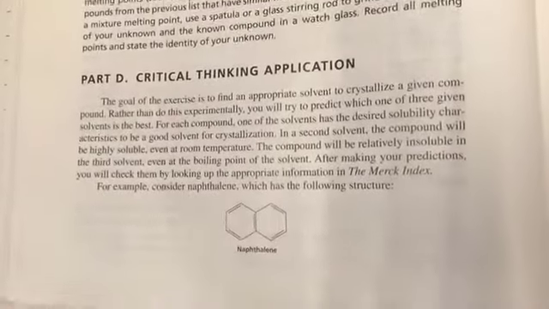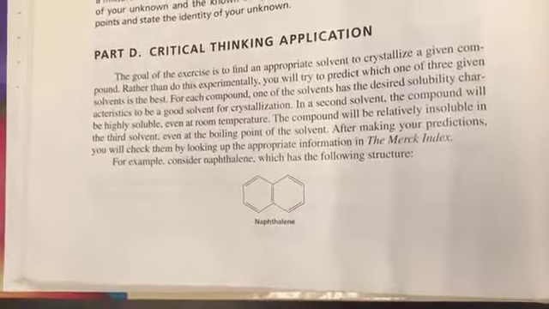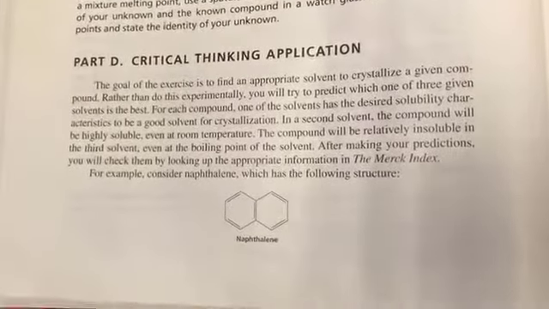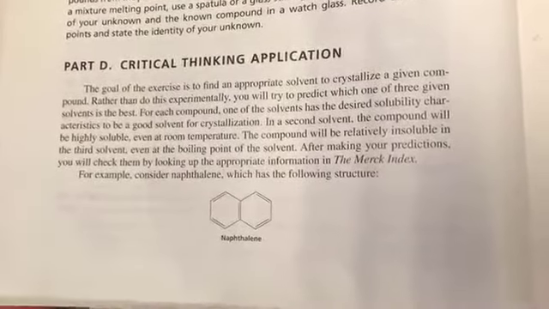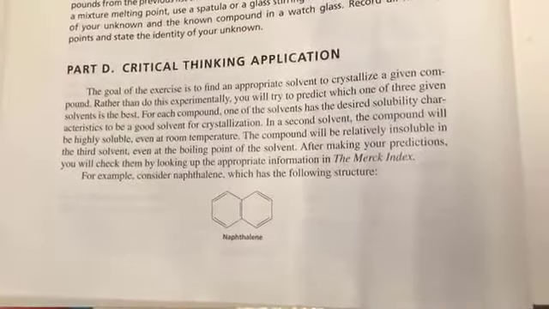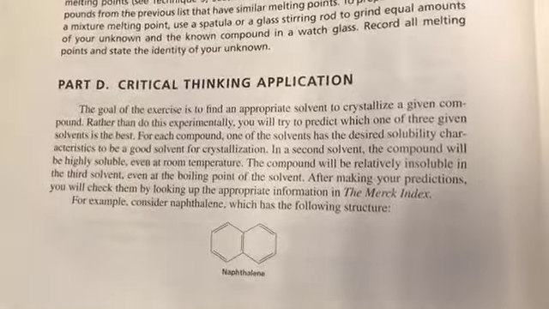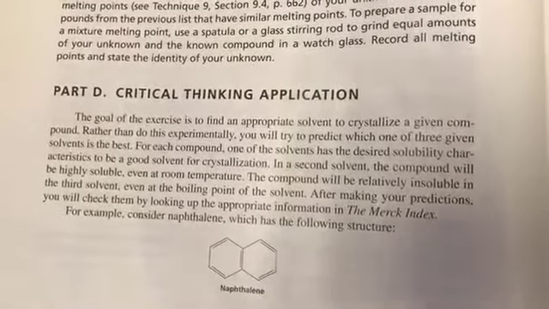Later you will check your predictions using the Merck Index. In the Merck Index, the solubility is given, and that's how you will learn how to use the Merck Index and how to apply critical thinking in order to determine the best crystallization solvent.